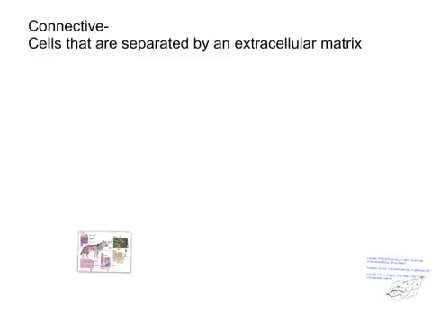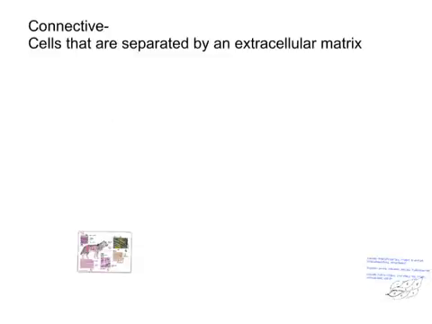What does extracellular mean? Mitch, what does extracellular mean? Well, it has to do with cells. What's extra? That's outside of the cell. So something that's outside of the cell. What's a matrix then? Fluid, like extracellular.